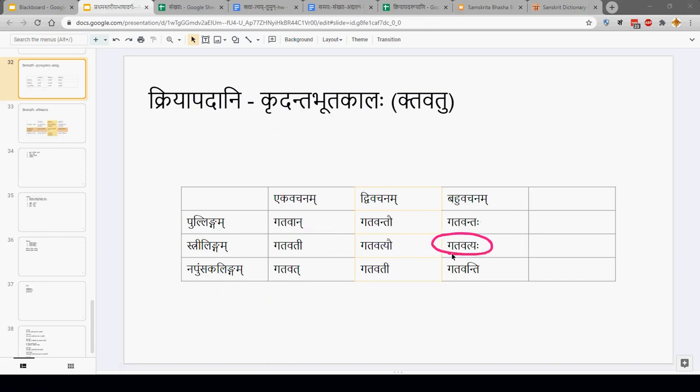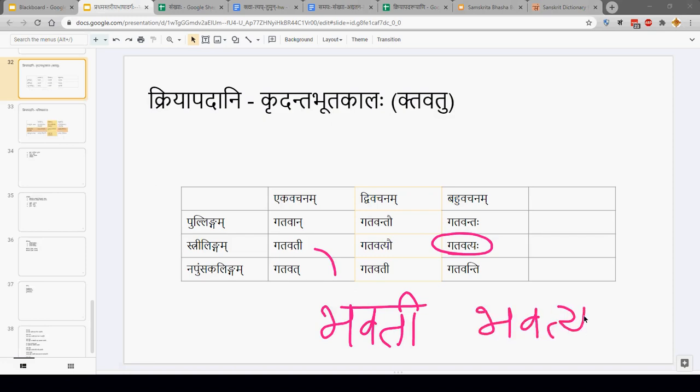Strilinga, if you see here, Gatavatyaha. Because it is like Nadi or Bhavati. Bhavati, Ekavachanam, changes to Bhavatyaha in Bahuvachanam. Bhavati, Gatavati, Bhavatyaha, Gatavatyaha. You people, all of you should be feminine in that group.